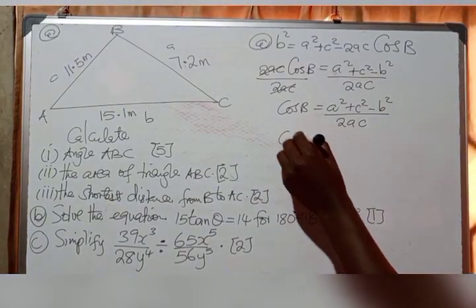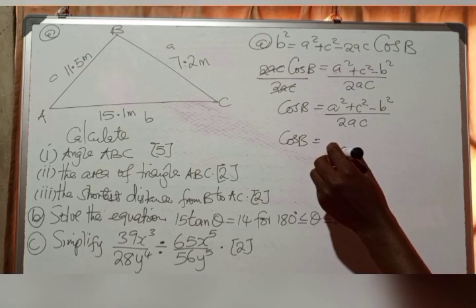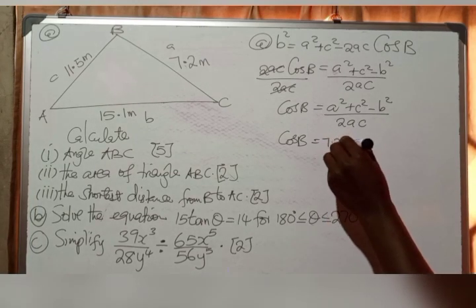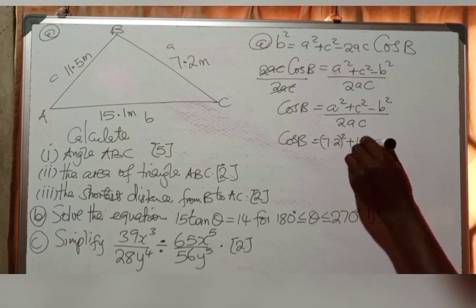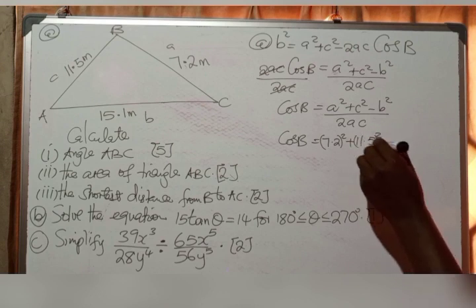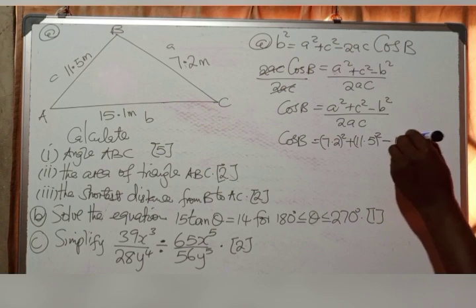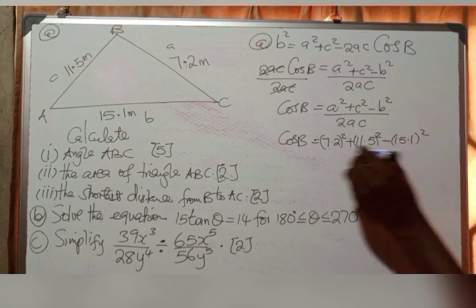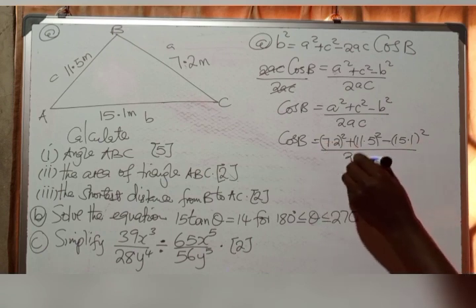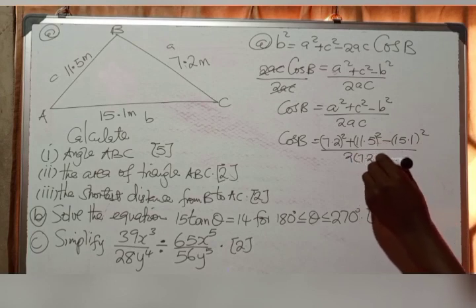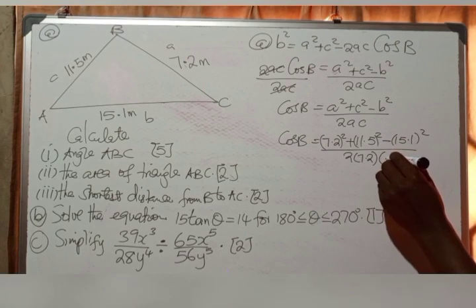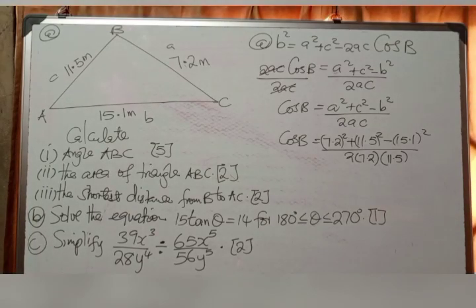So cos B is equal to a squared, which is 7.2 squared, plus c squared, 11.5 squared, minus b squared, 15.1 squared, everything over 2 times a, 7.2, times c, 11.5. Then you expand, multiply, and divide thereafter.